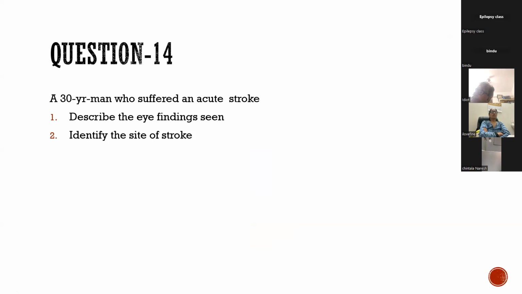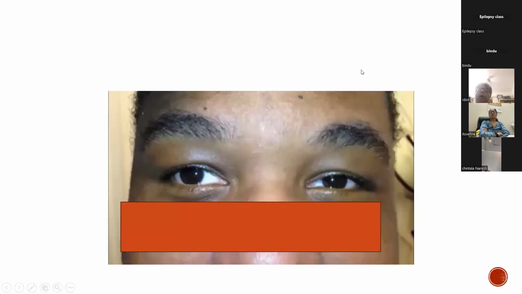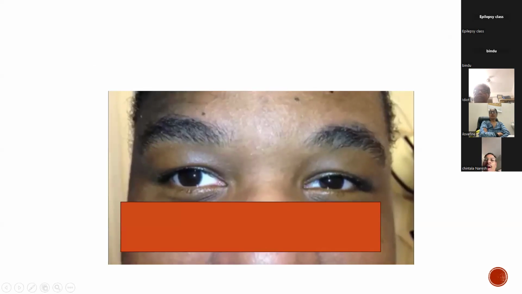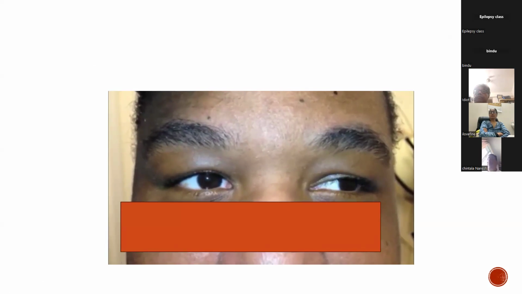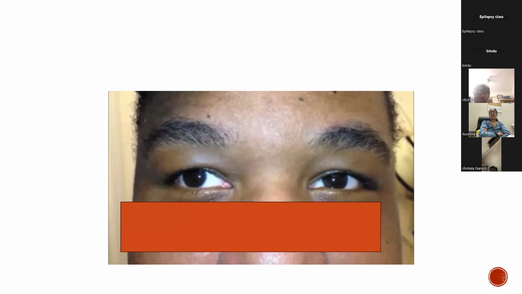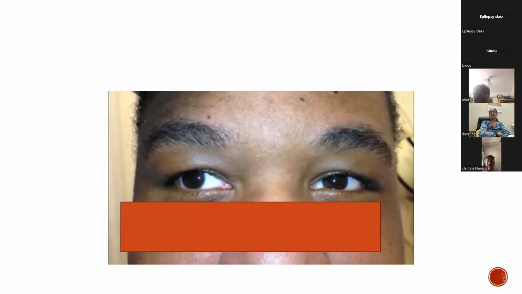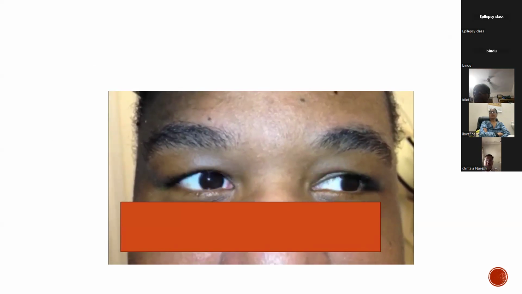The 30-year-old man who suffered an acute stroke. Describe the eye finding seen and identify the site of stroke. So this is slow motion of the saccades being tested.